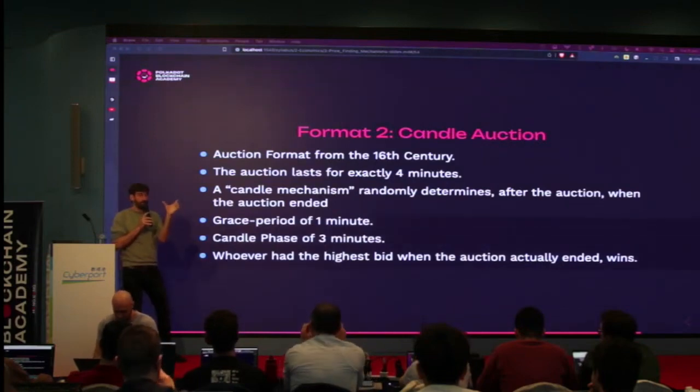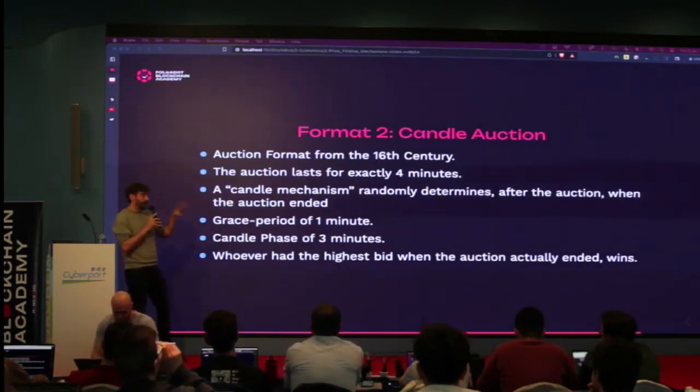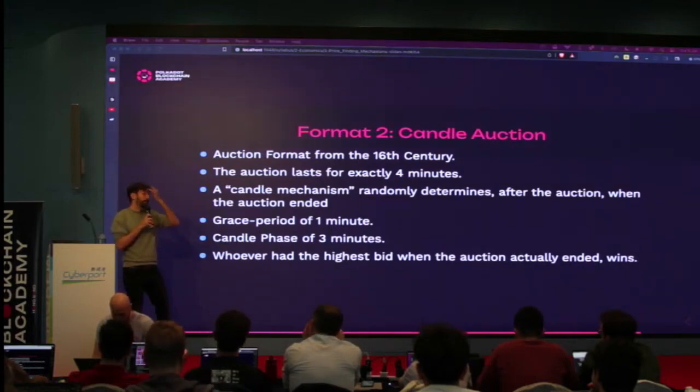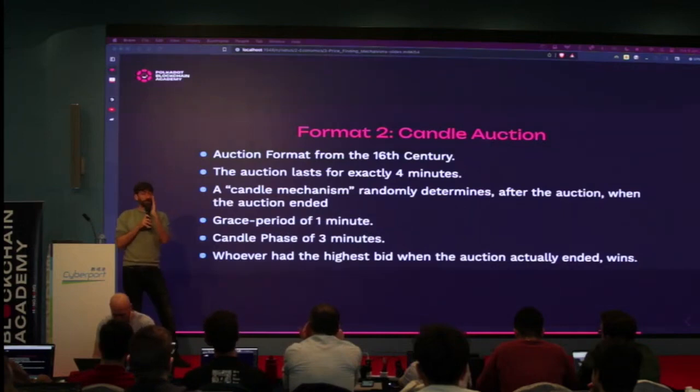Then the red phase starts, which is 3 minutes, and here, basically, every second the auction could end. It's uniformly distributed, so every second has the same probability of ending the auction. But you won't see whether the auction actually ended until after the auction.